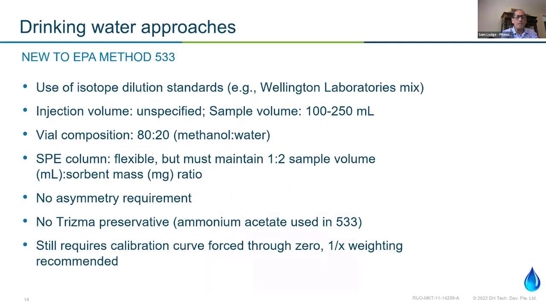So specifically getting down into the weeds, what's really new in 533? Well, we mentioned a whole bunch of new analytes. And as a result of these new analytes, there are going to be some changes to both the solid phase extraction as well as the diluent and injection solvents. The biggest change, though, is that 533 uses an isotope dilution process for quantifying the analytes.